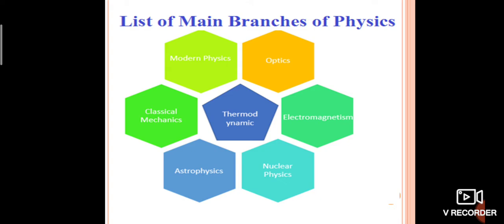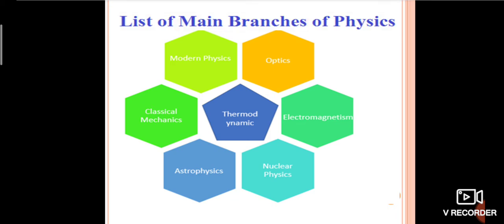This branch of physics deals with the study of laws of motion at the macroscopic level. The last branch of physics is modern physics. Modern physics deals with the study of interaction of matter at the atomic level. These are the few branches of physics.